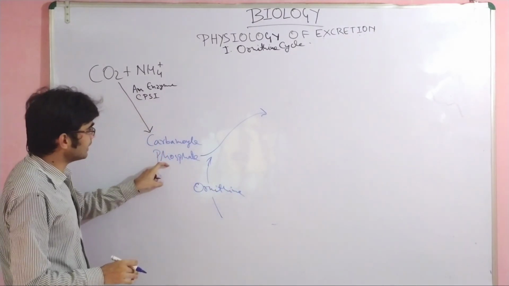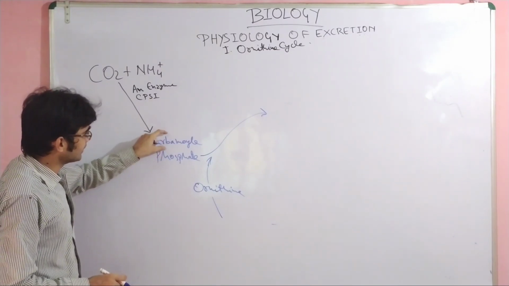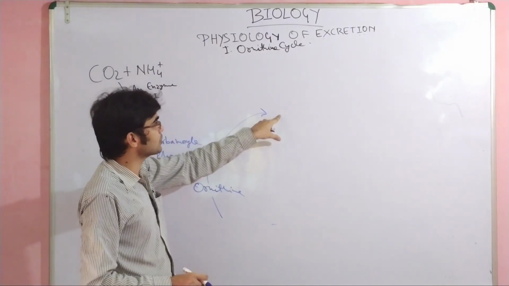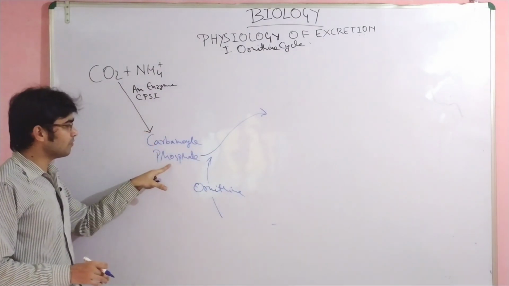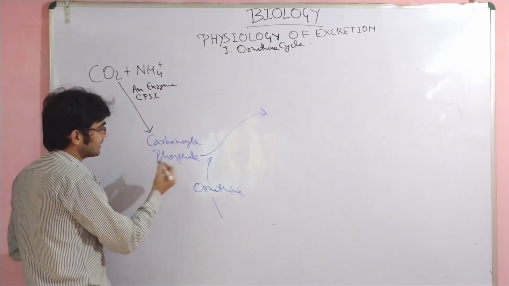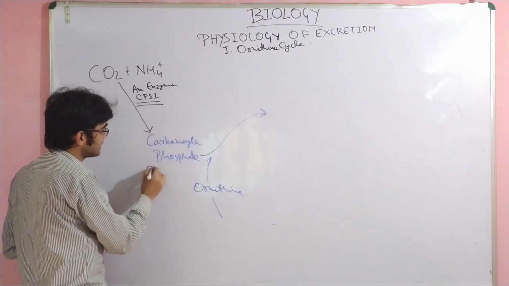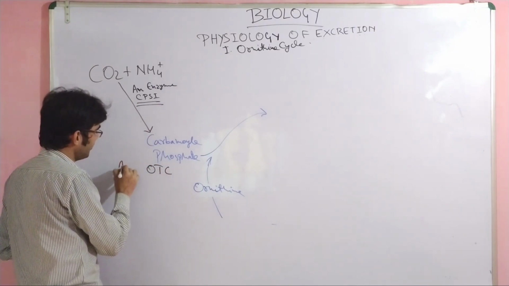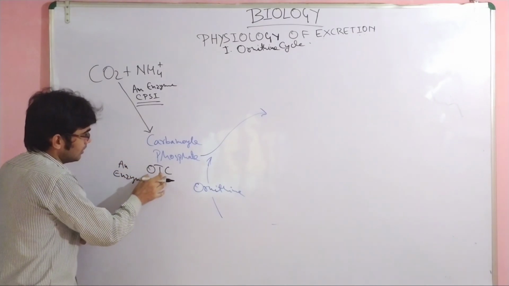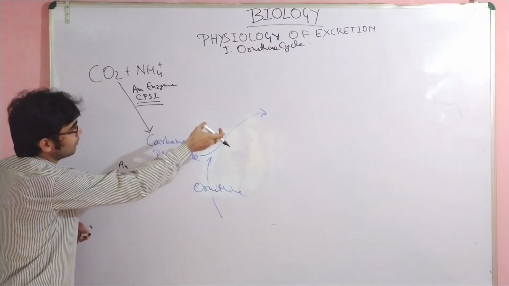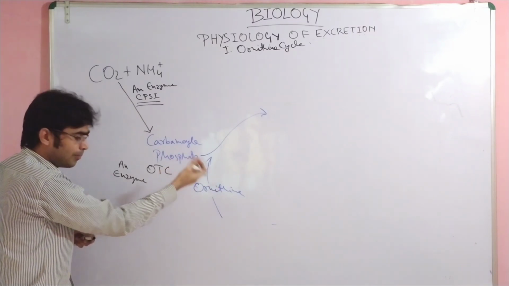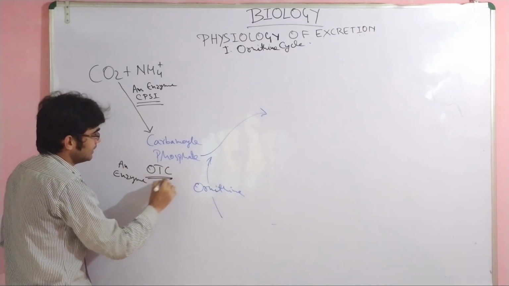Now here another enzyme will work. When carbamoyl phosphate combines with ornithine to yield citrulline, one enzyme plays a vital role. That enzyme is called OTC. The enzyme OTC results in the formation of citrulline in the presence of the amino acid ornithine.